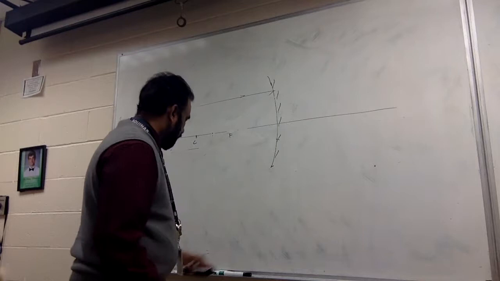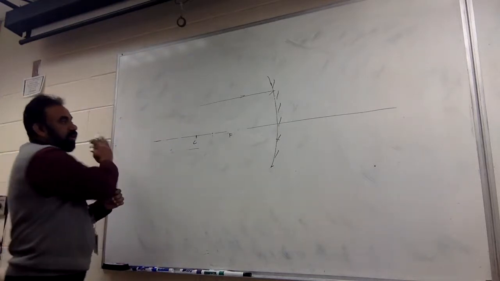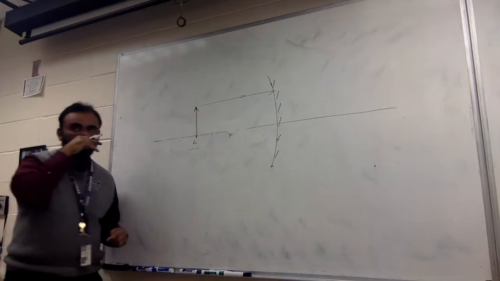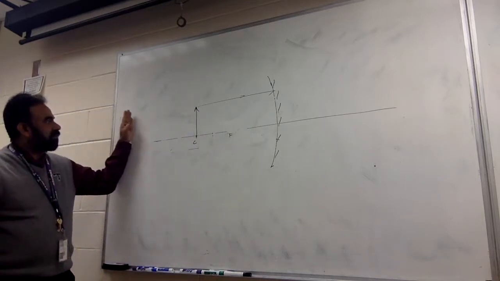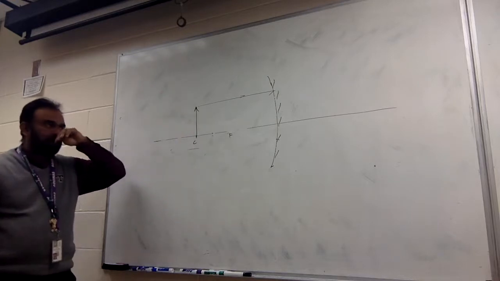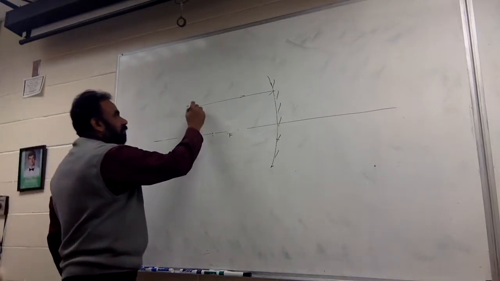Now if I bring the object closer and closer and closer and bring it all the way here, where is the image formed? So what's happening here?